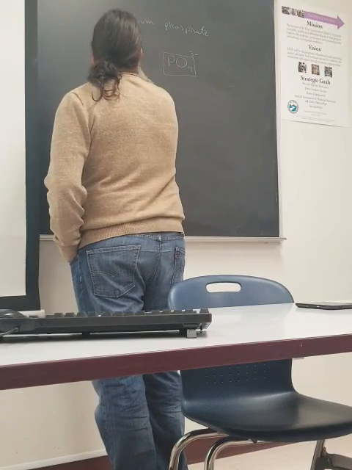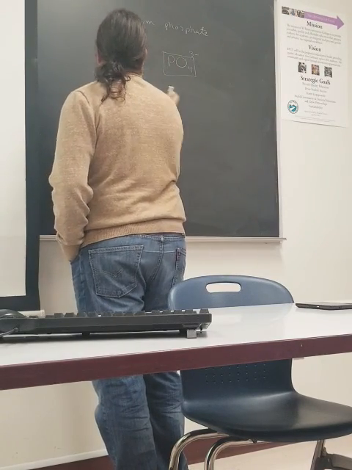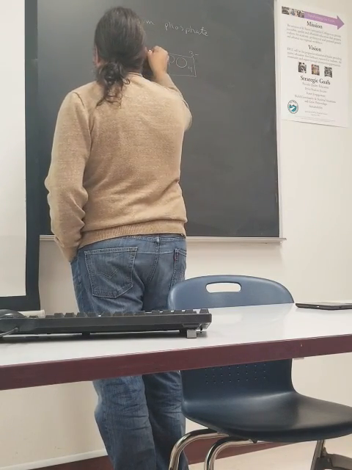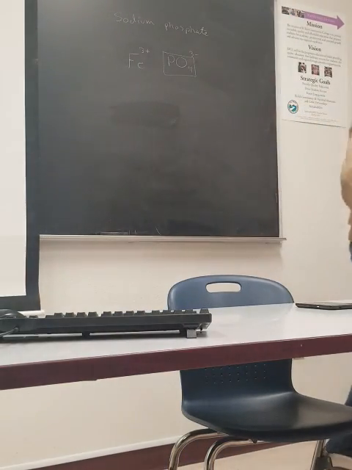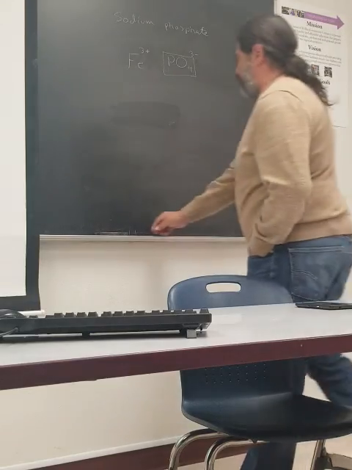How do you know if you need to calculate it? When you're going from formula to name. Because you said if metals are not in group 1, 2, or 3, then you need a Roman numeral, and iron is not in group 1, 2, or 3. Okay.